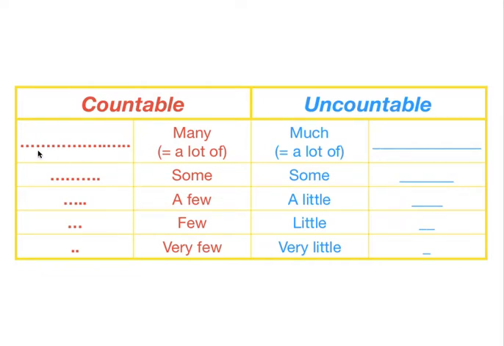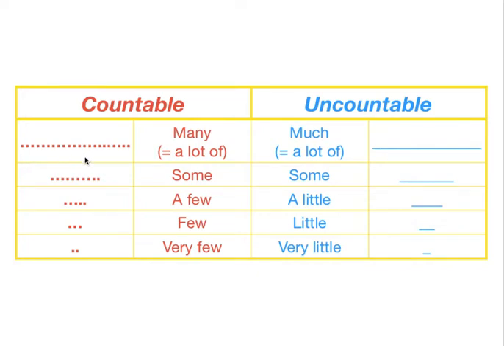Notice I use the dotted lines on the left side and solid lines on the right side. The reason is because you can count exactly how many dots are there in each of these dotted lines, okay, which symbolizes its corresponding category, countable. Okay, countable means can be counted.